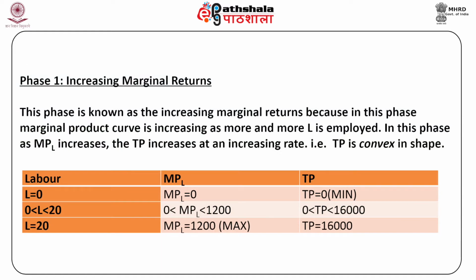This phase is known as the increasing marginal returns because in this phase the marginal product curve is increasing as more and more L is employed. In this phase, as MPL increases, the TP increases at an increasing rate, that is, TP is convex in shape.